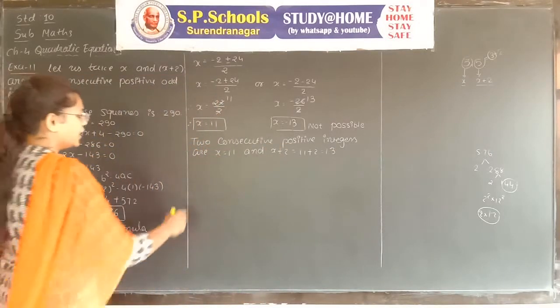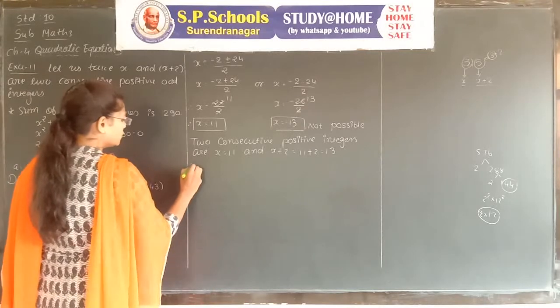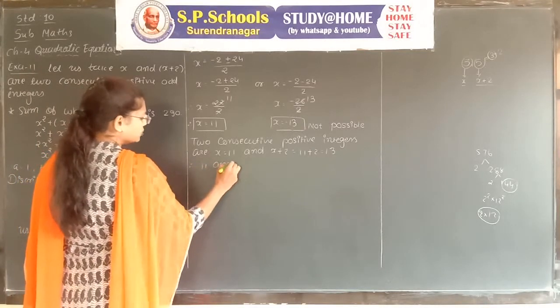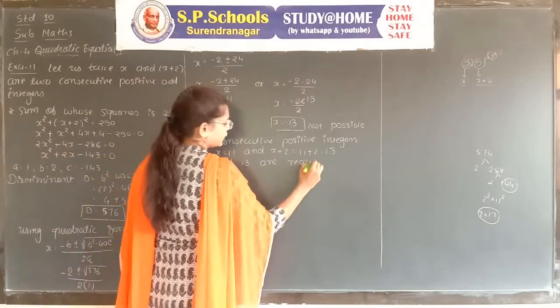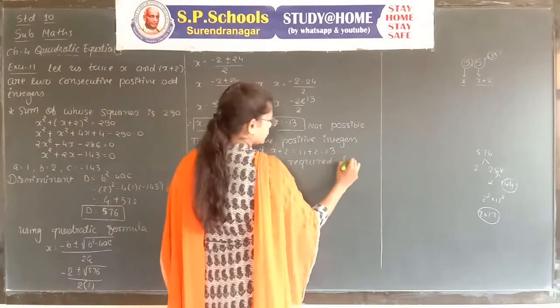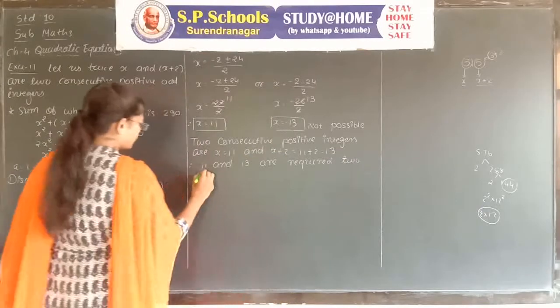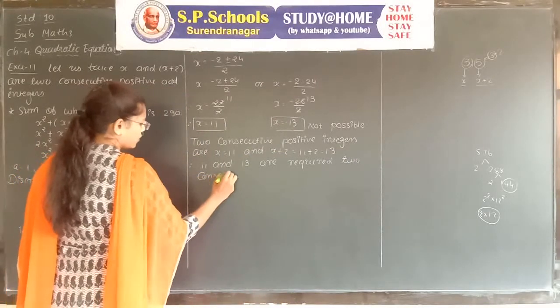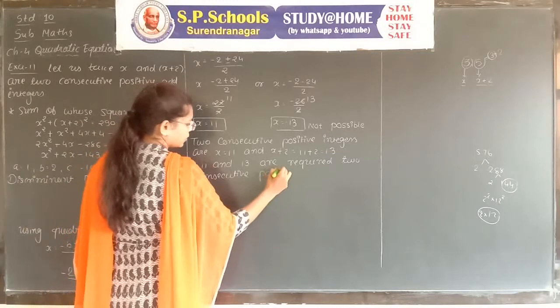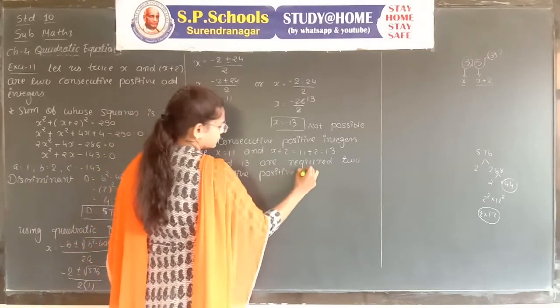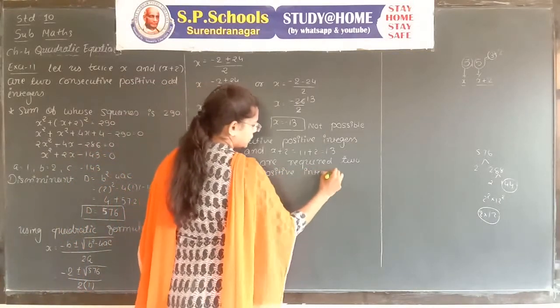Therefore, 11 and 13 are the required consecutive positive odd integers.